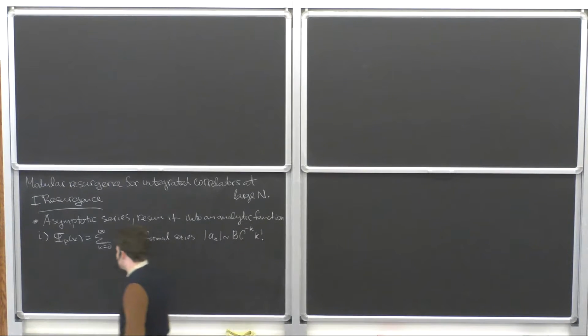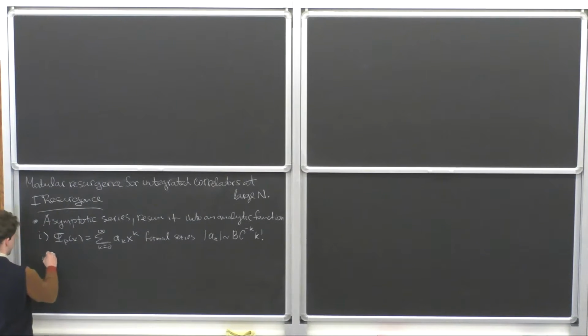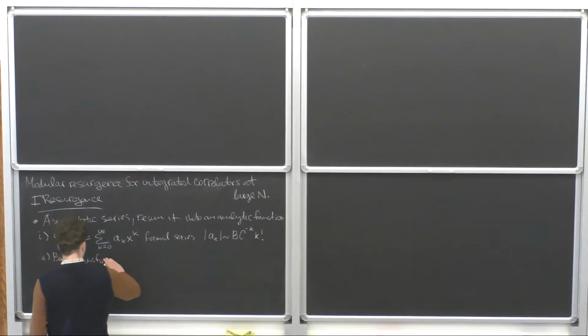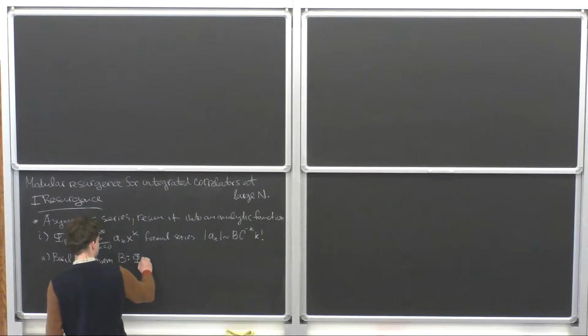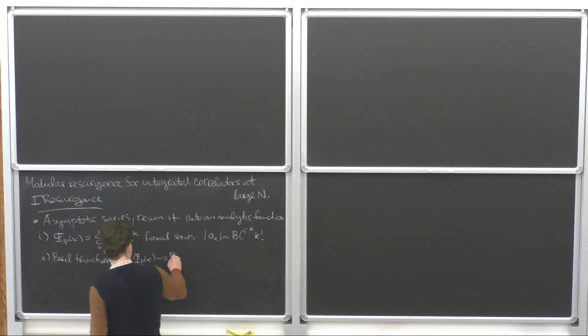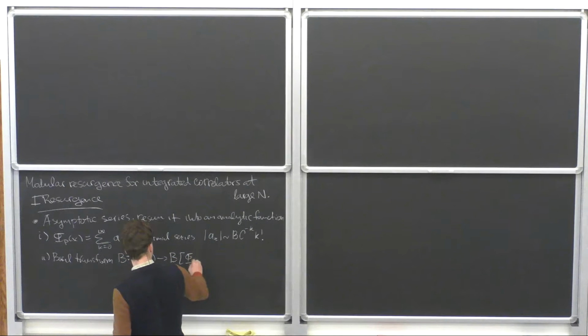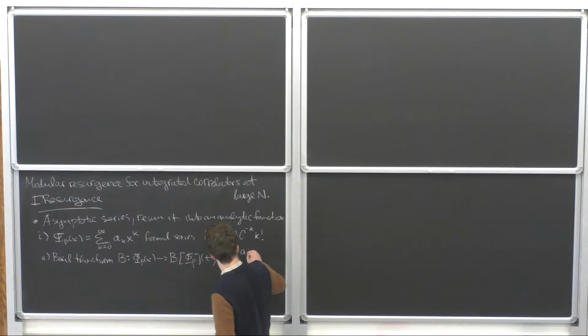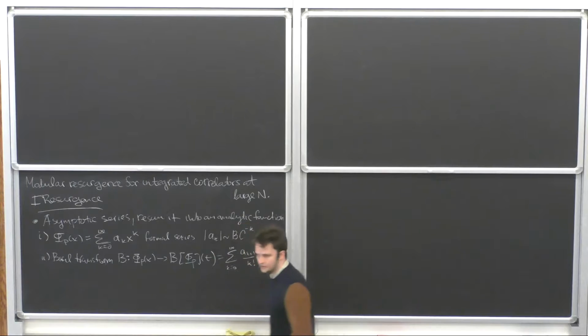So the second step of the program is to define a Borel transform, which is a map which takes this perturbative series and returns an analytic function of a parameter t, defined to be the sum, k from 0 to infinity, of a_{k+1} over k factorial, t to the power k.